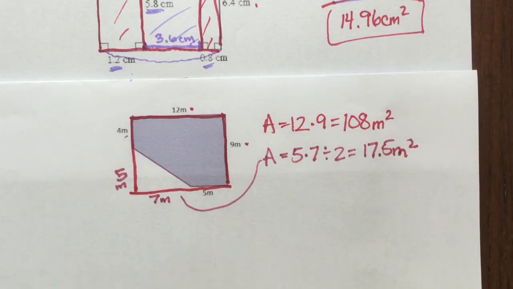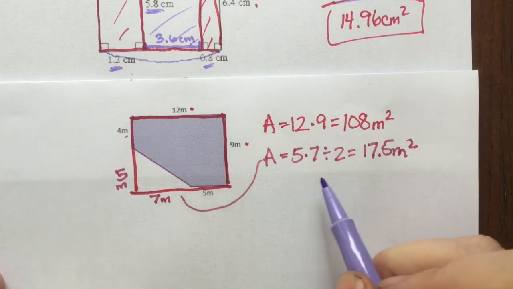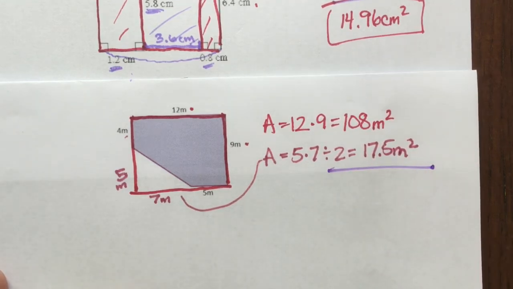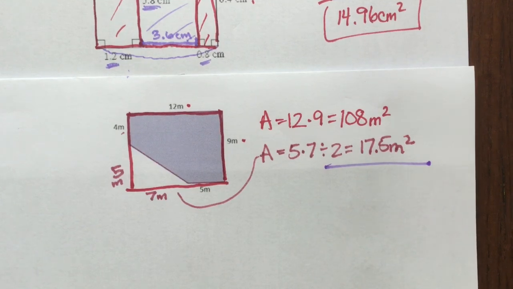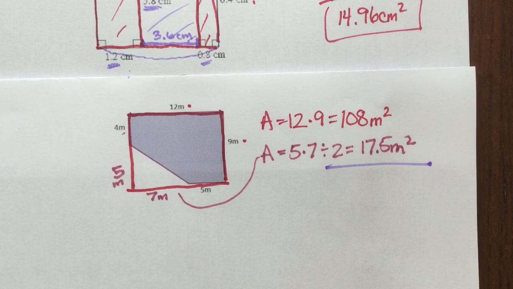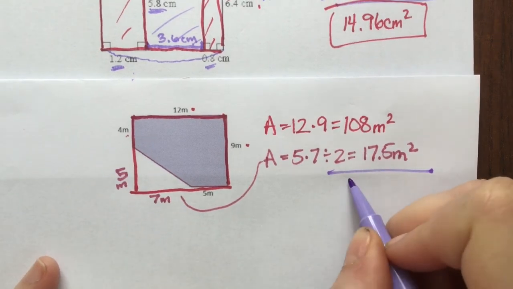To find the area of just my lavender shape, I subtract those two. So 108 minus 17.5 is 90.5 square meters.